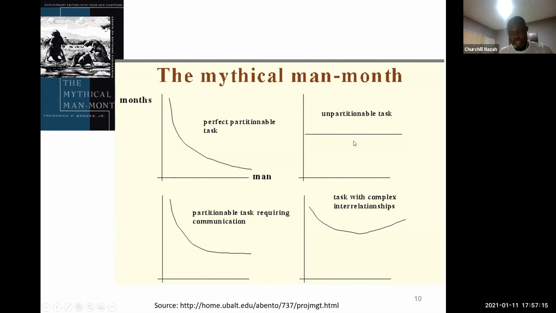The straight line is there. It doesn't make any difference. This is a project that's not decomposable. By the way, some of you with an artificial intelligence or computer science background have heard about decomposability by Herbert Simon. That's a big idea in artificial intelligence too. If it's not decomposable, you add people, nothing happens, no gain.